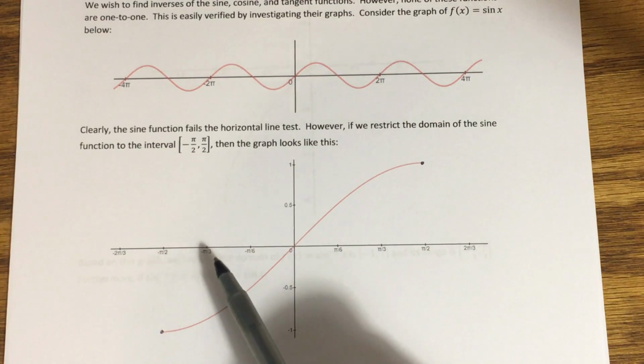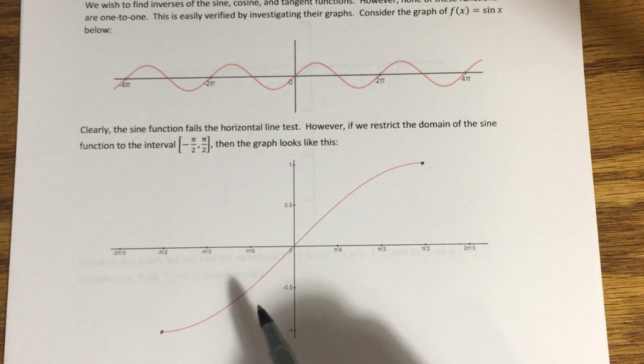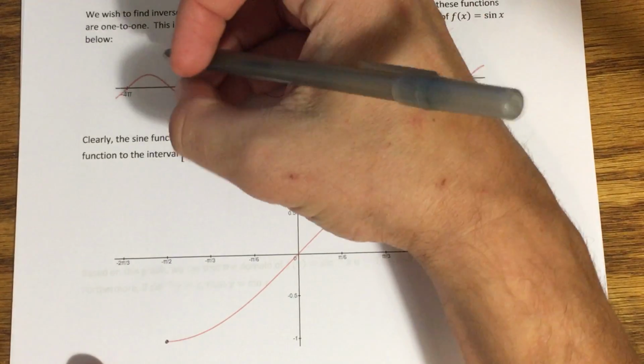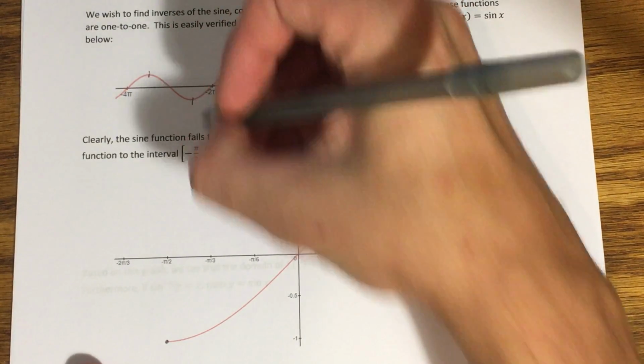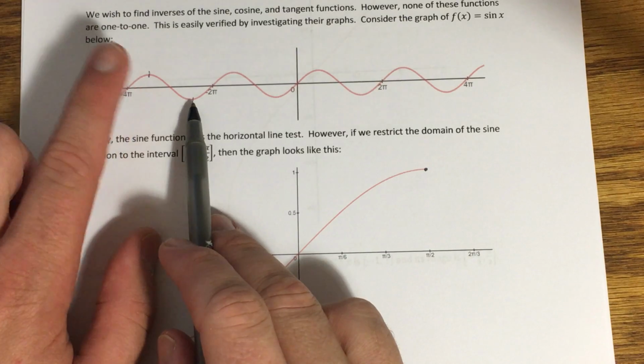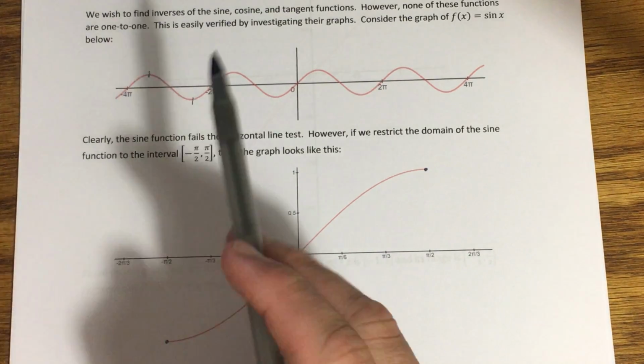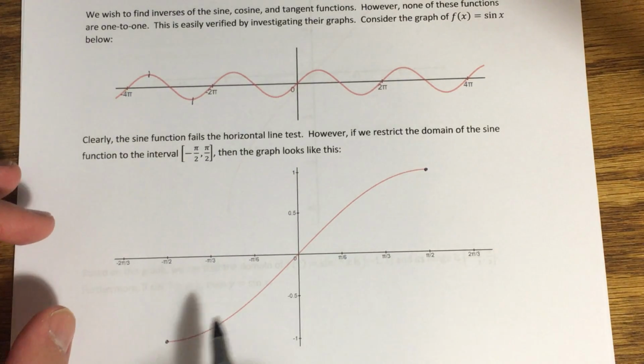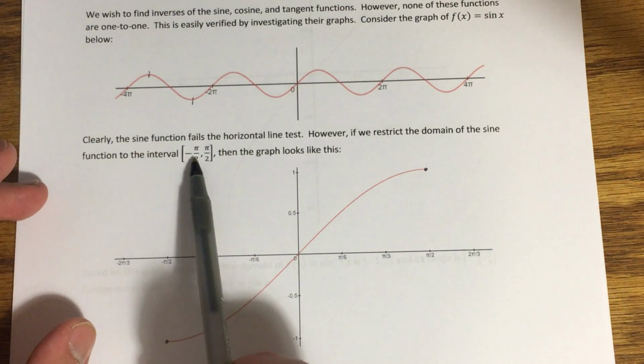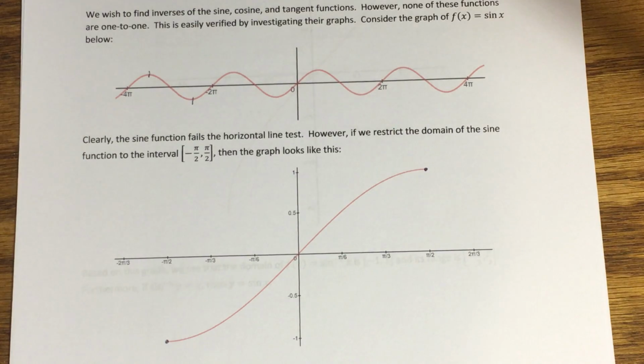Now, like I said before, you could have cut this sine graph up into different places. Notice up here, if I made a cut here and a cut here, and then restricted my sine function to this interval, we would still have a branch that's one-to-one. But we always use the interval negative pi over 2 to pi over 2. And why is that?